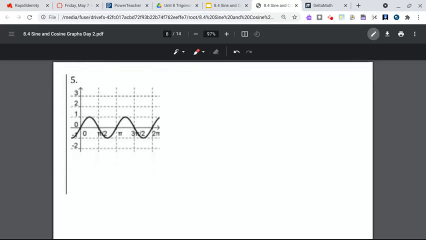Okay, next graph. I can see that it reaches as high as 1 and as low as -1. So therefore, its midline is again y equals 0. Okay, it starts at its midline. So because it starts at its midline, it's a sine function. Remember, sine functions start at their midline. Okay, so it goes midline, maximum, midline, minimum, back to its midline.